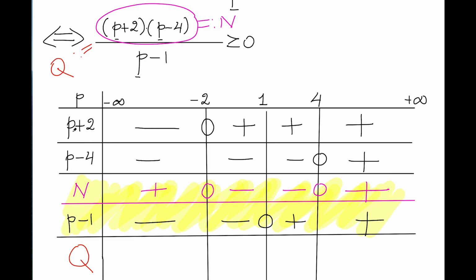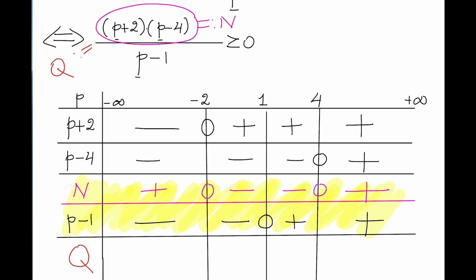Because the information on these is embedded in n, so it's already collected. I'm going to put n as the guy upstairs and the information on p minus 1 downstairs, and then the quotient is going to depend on what the sign of n is and what the sign of p minus 1 is.